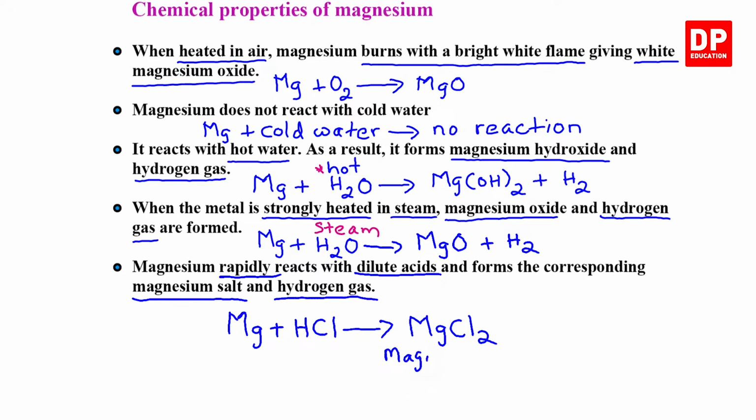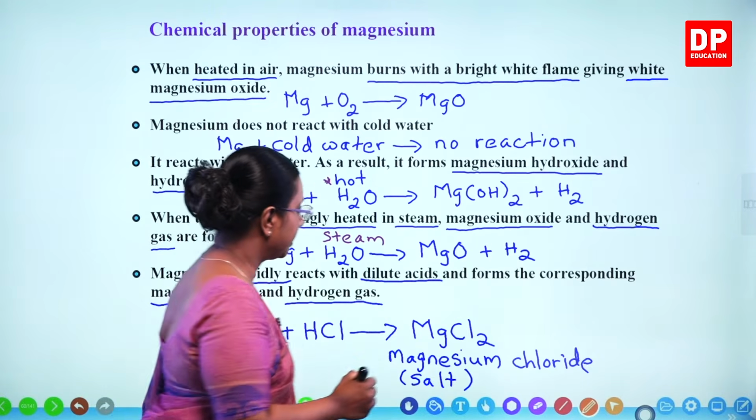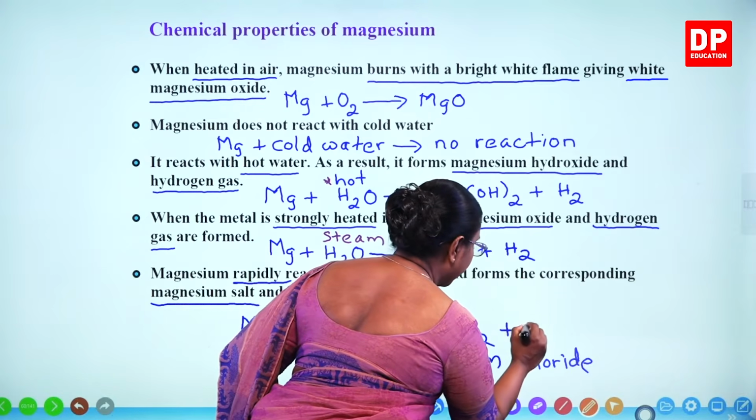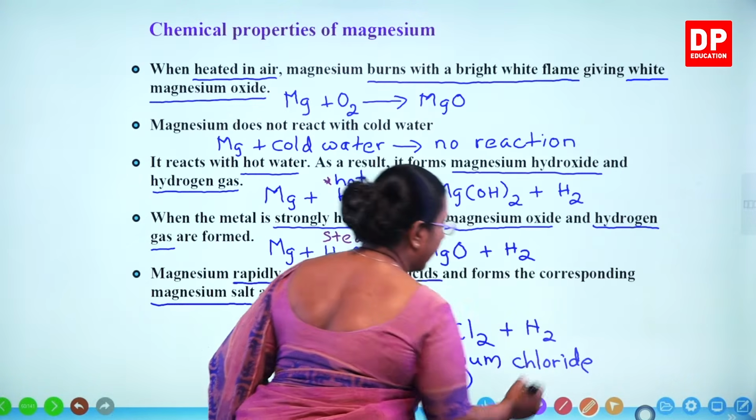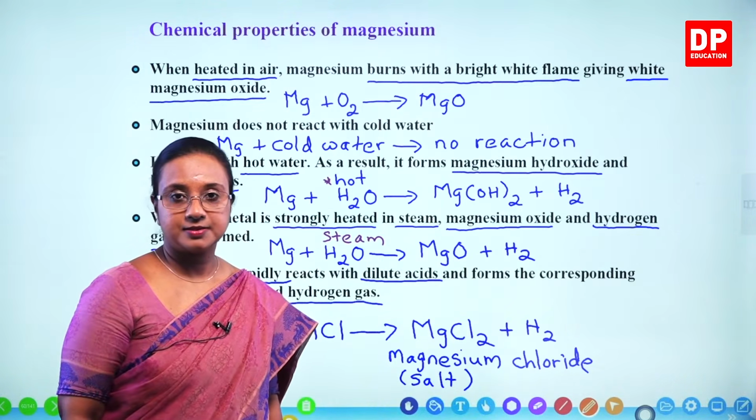This is magnesium chloride. That is the salt produced in this reaction. Magnesium and hydrochloric acid gives magnesium chloride and hydrogen gas.